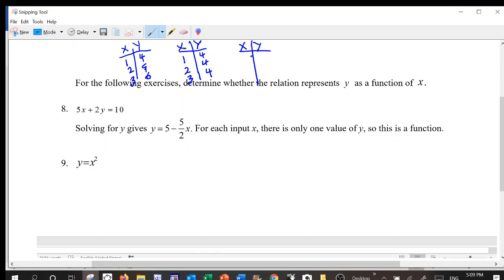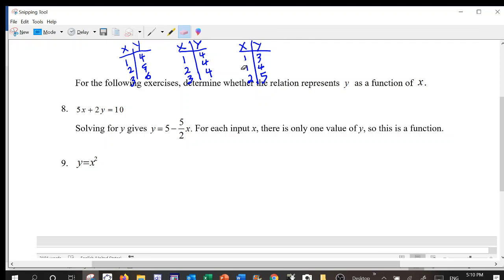We have a set of ordered pairs 1, 1, 2, and then 3, 4, 5. Now, all of these are relations because they are a set of ordered pairs. In the first one, the x values and the y values never repeat. In the second one, the y values repeat, and in the third one, the x values repeat. So these are all relations, and they're useful in many applications.